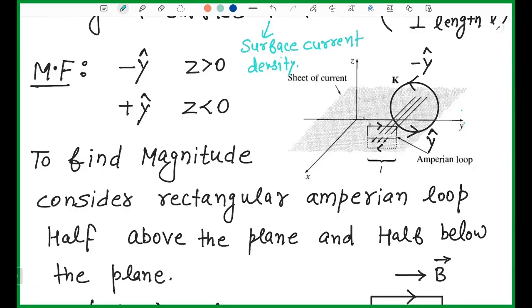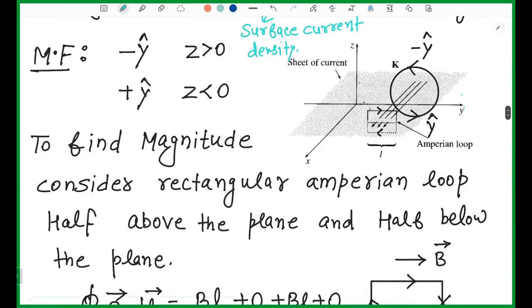In the case of a sheet, whenever you have to find the magnetic field because of the sheet, then the amperian loop that you imagine is actually a rectangle, or you can think of it as square or rectangle, anything you can imagine.